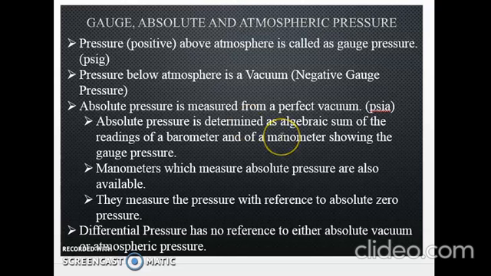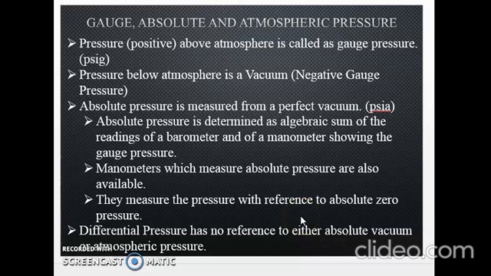The absolute pressure is measured from a perfect vacuum and is in PSIA units. Absolute pressure is determined as the algebraic sum of the readings of a barometer and of a manometer showing the gauge pressure. Manometers which measure the absolute pressure are also available.